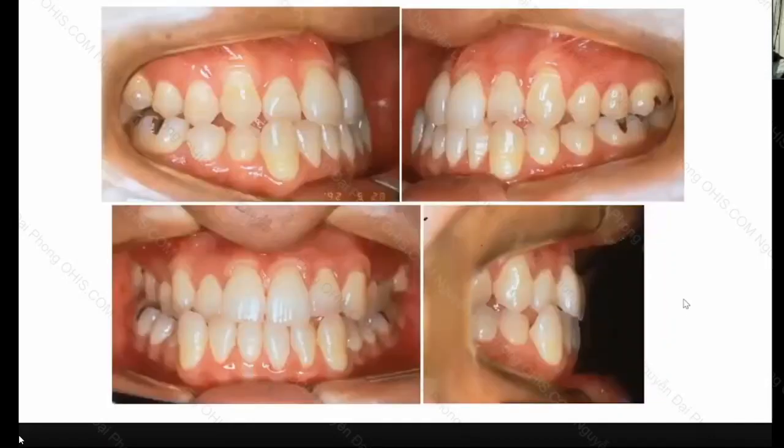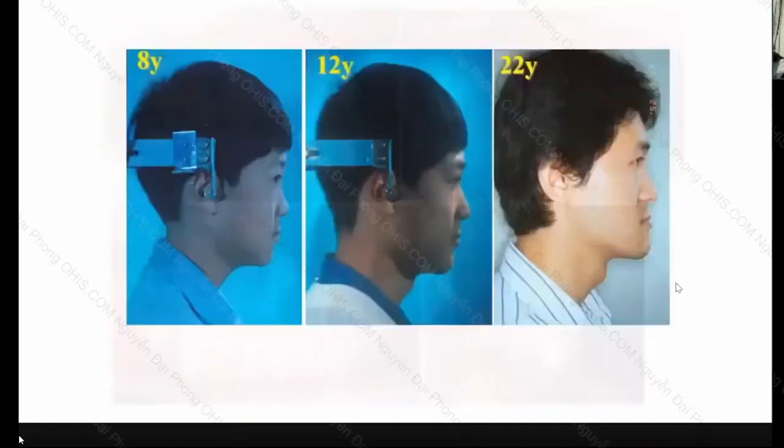Also one of the very important findings, well, this kind of severe class 3, but at 12, 13, 14 years old, not so severe.